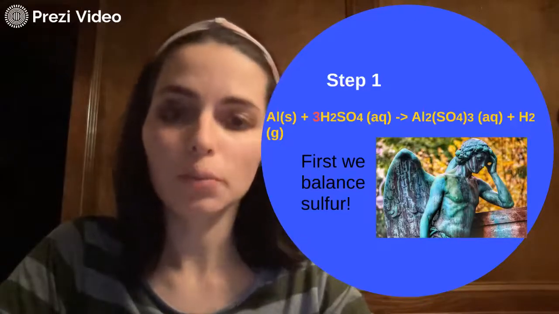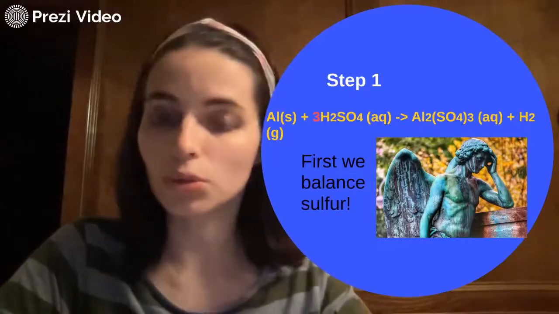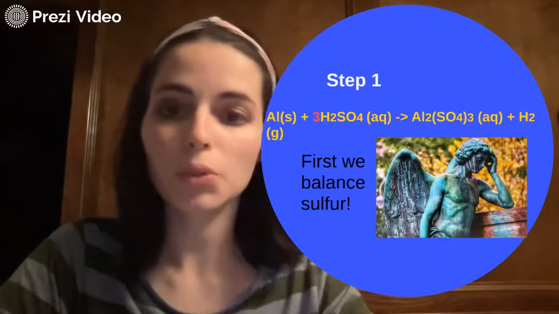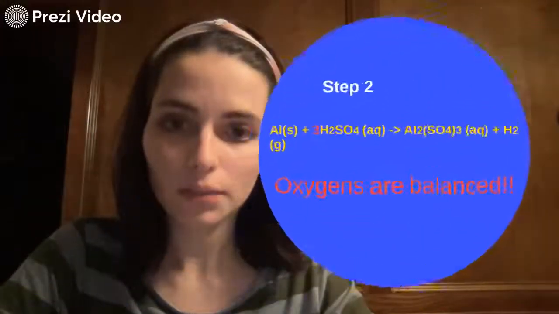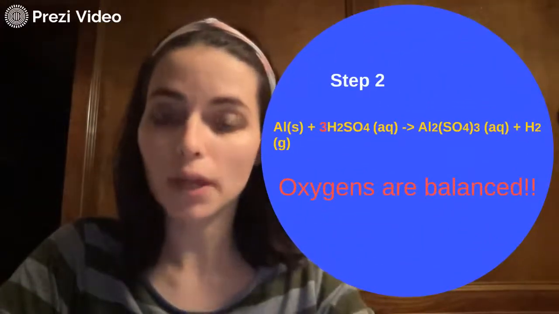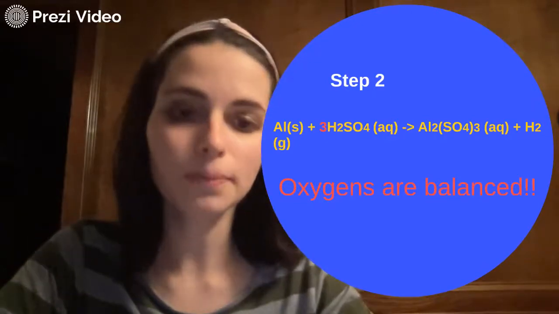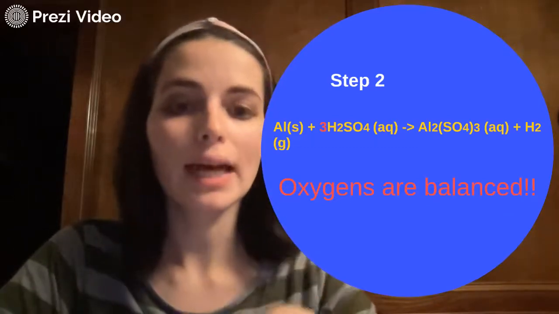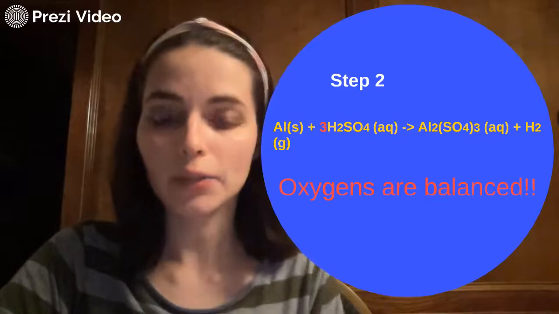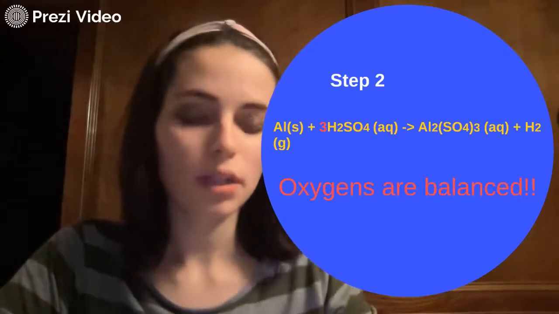Okay, so now that we balanced sulfurs, I think we should balance the oxygens, because oxygens also occur in both of those complex substances. And yeah, we have a pleasant surprise. Oxygens are already balanced. We don't need to do anything. Now we're just left with balancing aluminum and hydrogen, and they're both free elements. So that should be fairly easy to balance.